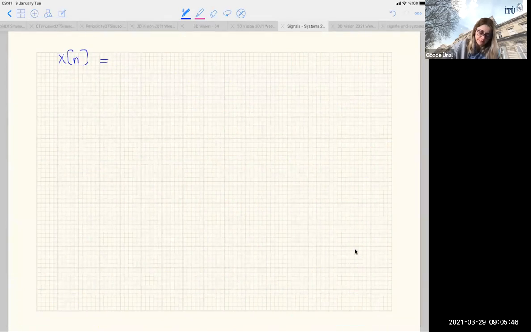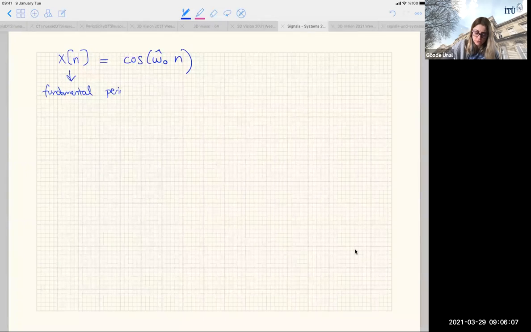Let me rewrite it: x of n equals cosine. Let's ignore the phase for this moment, because I want to talk about the fundamental period. This time it's going to be in integers, n.